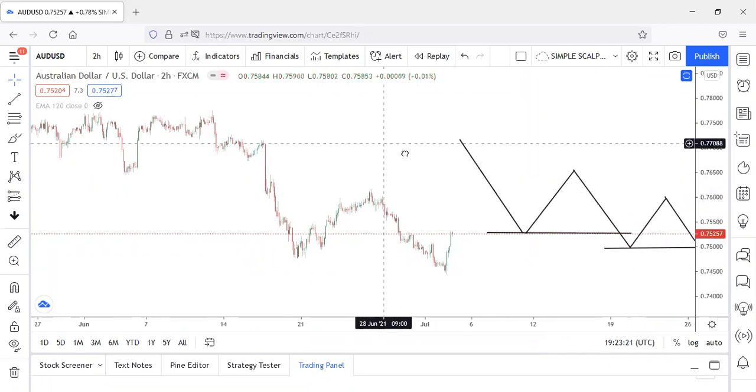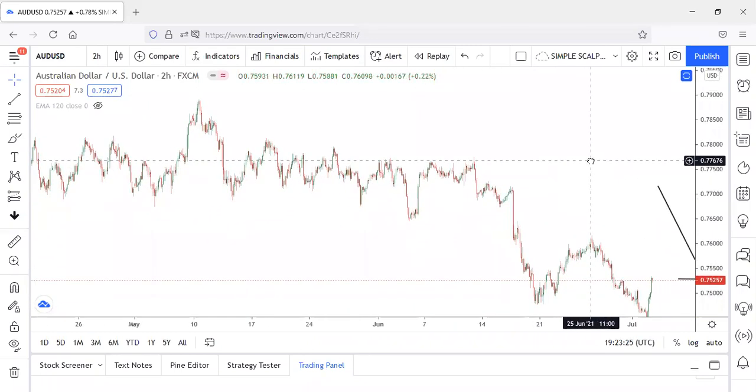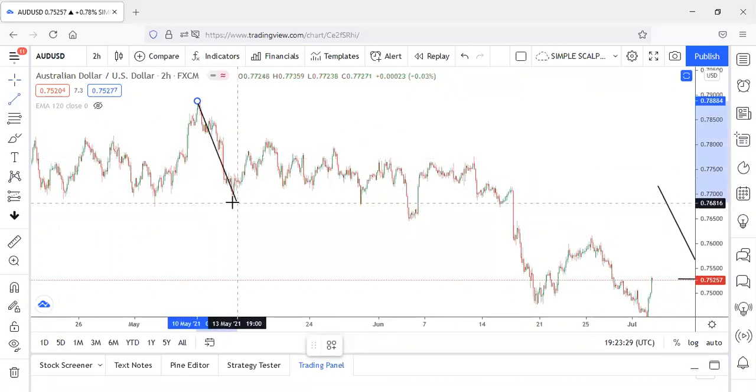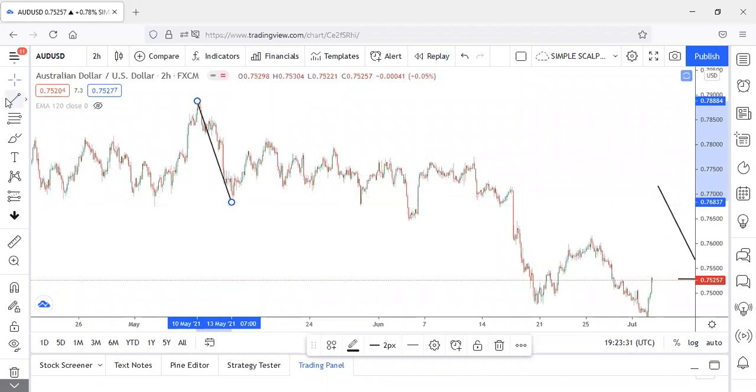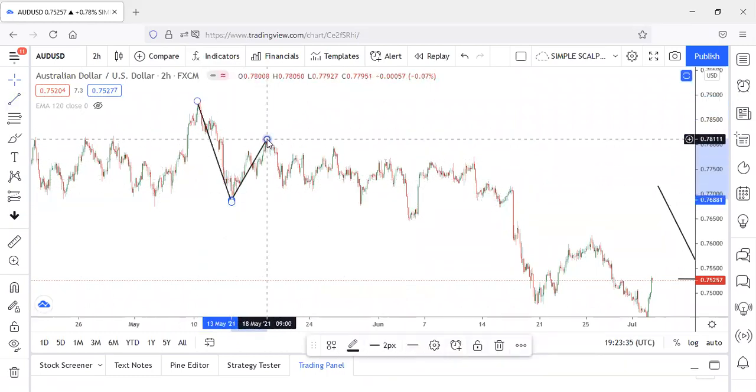Now look at this, guys. I said earlier that the next thing you want to see when it comes to market structure is a move. Okay, this is a move, then a retracement. According to this retracement, let's assume this is where the market is right now, where I have my mouse.